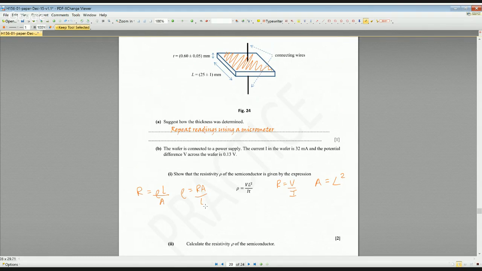Meanwhile, the lowercase l that's used in our equation is the length of the conductor, which is actually this dimension here, the thickness. So lowercase l is equal to T. So we can now substitute these values back into our equation. So rho equals V divided by I multiplied by L squared over T, and that's correct. That's what we predicted we'd get up there.